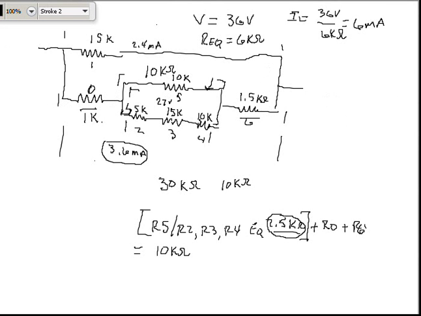And just to be sure, 1,000 times .0036 equals 3.6 volts.